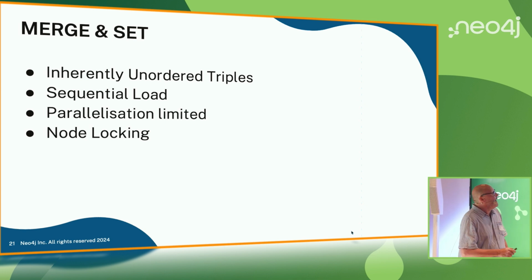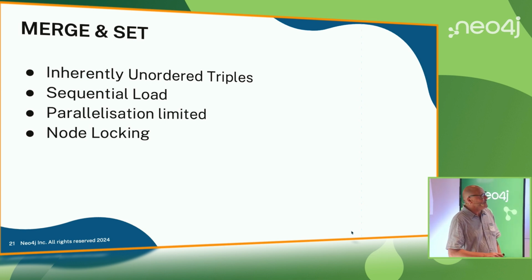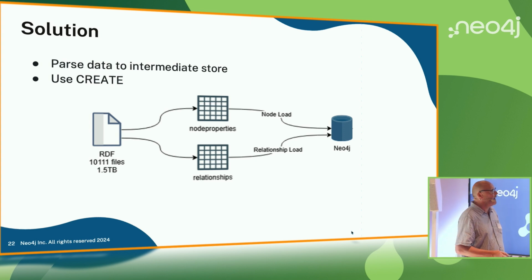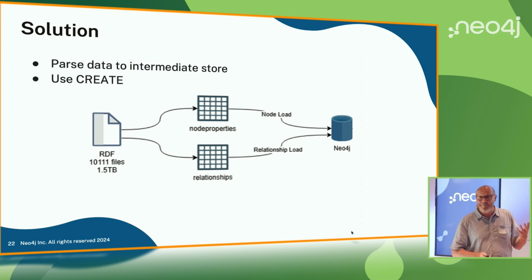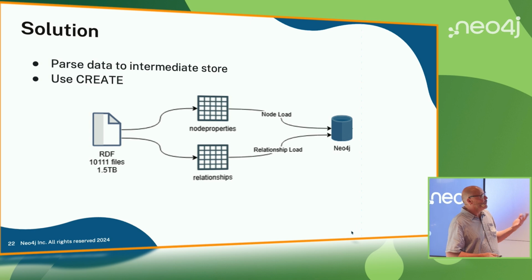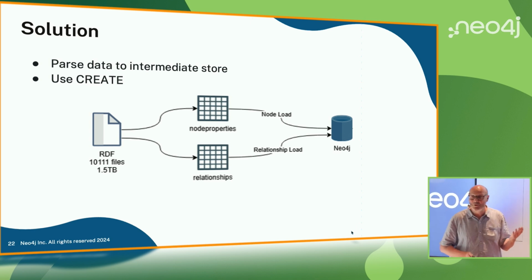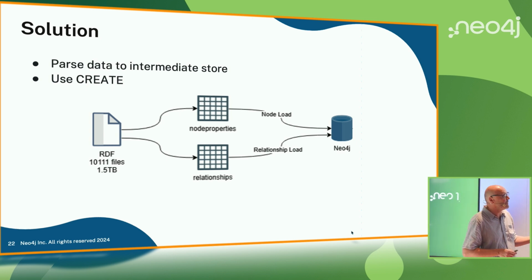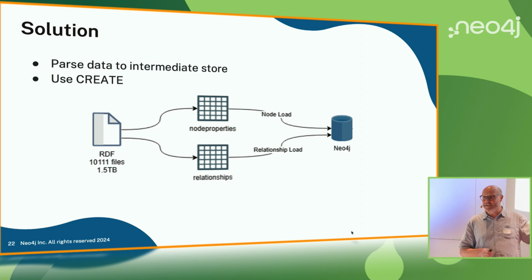So we looked at an alternative approach and started to modify the RDFLib library itself. We brought in an intermediate store to hold all the node properties and all the relationships before we push the data into Neo4j.